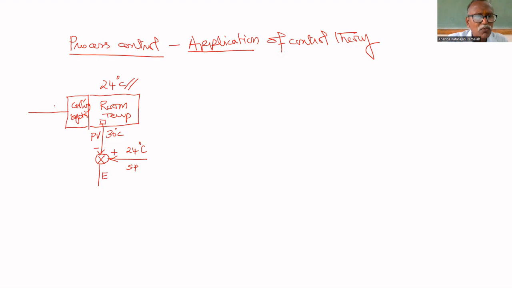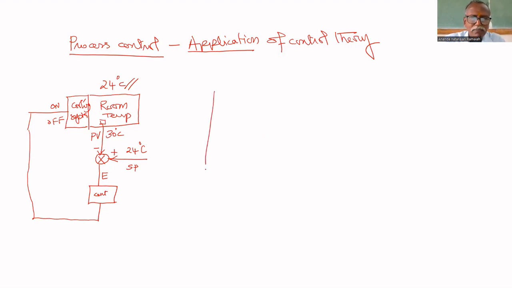To turn on the cooling system, you need a controller. It will be on or off. If the temperature is above 24, it will turn on. Below or equal to 24, it will turn off.